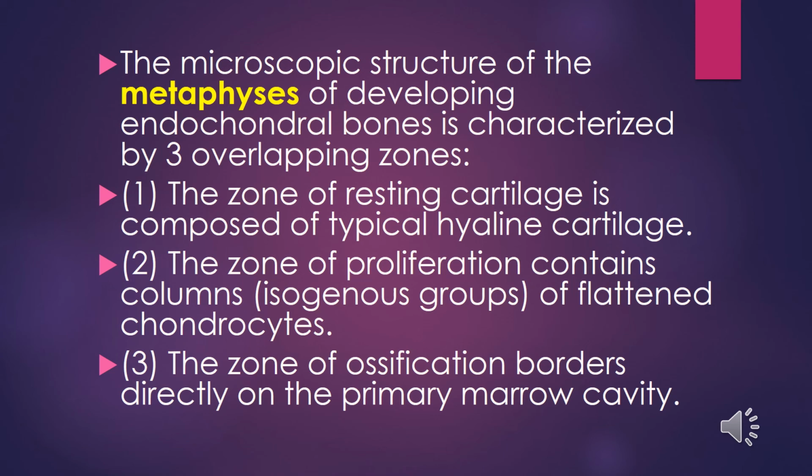The chondrocytes flatten and form specific isogenous groups like parallel columns. The last part is the zone of ossification, and in this part chondrocytes will be destroyed and in future form primary cavities, which is very important to the formation of primary bones.